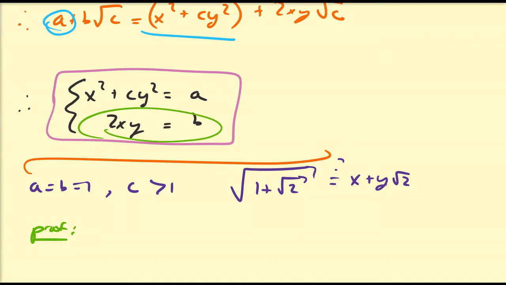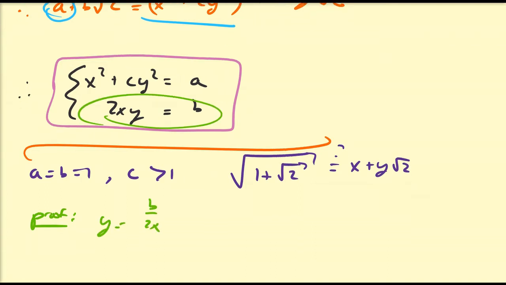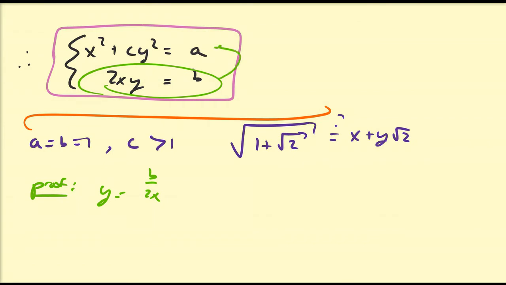Solving this last equation for y, we get y is equal to b divided by 2x. Then we can substitute that into the first equation, and that's going to give us x squared plus c times b squared over 4x squared is equal to a.